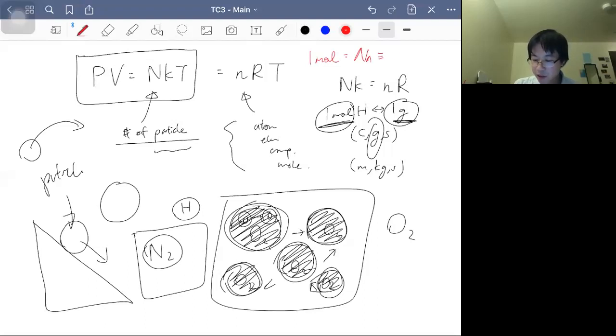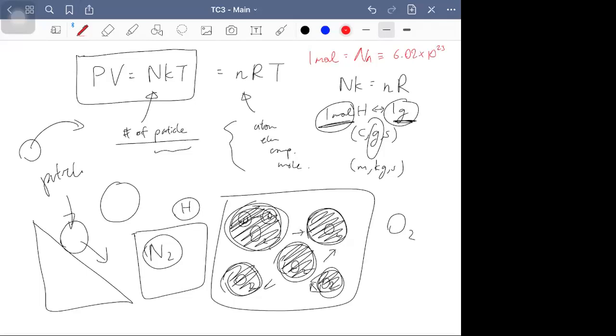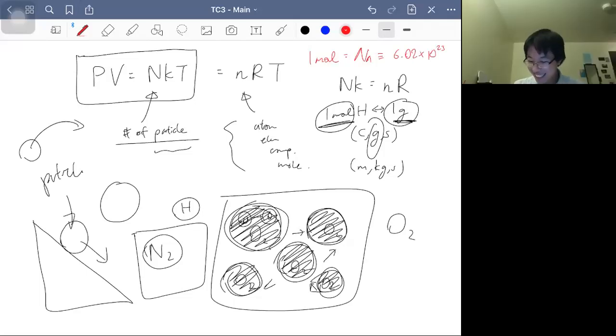Is it 6 point, someone remind me, 6.02? Something like that, 10 to the 23. Is that right? Yeah, that's right. 6.022. I don't know if that matters, but. All right, good. Perfect.